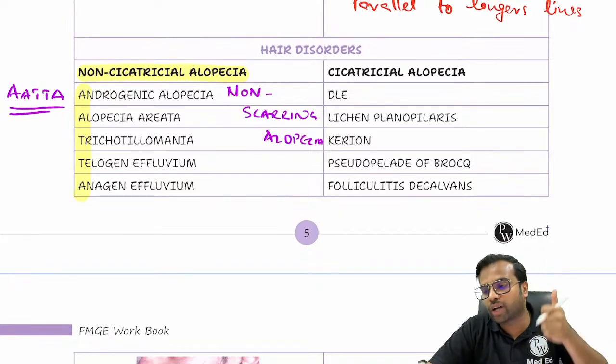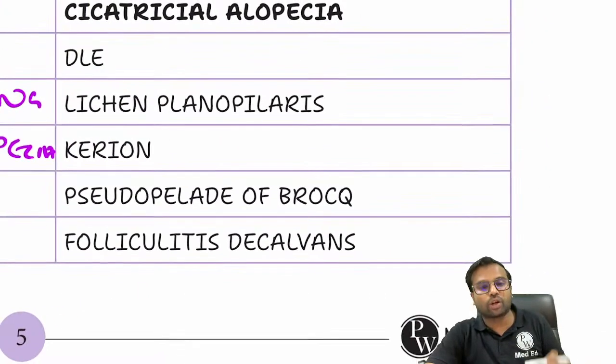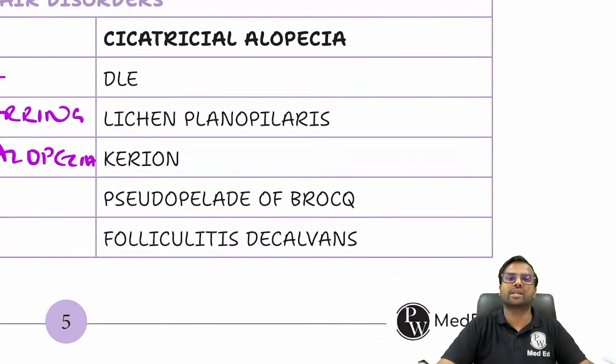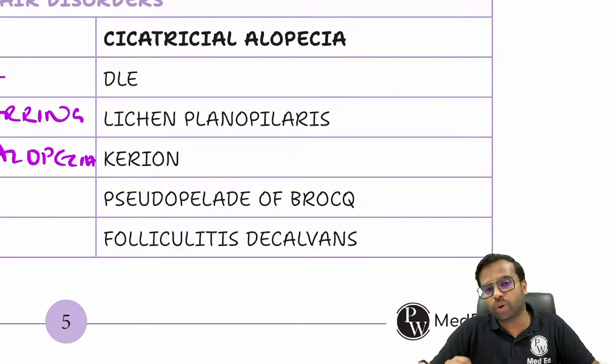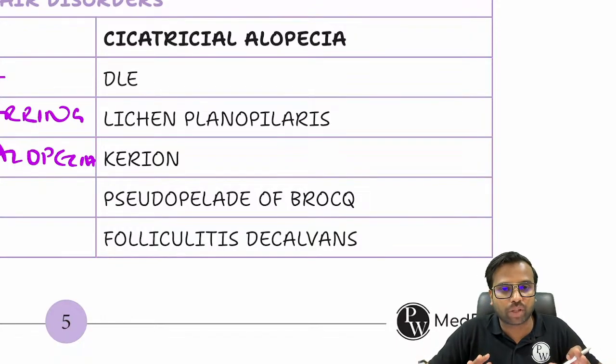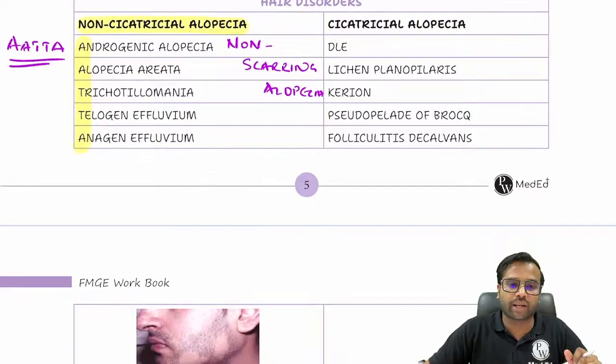All these are non-scarring alopecia. Whereas the examples of scarring alopecia are discoid lupus, lichen planus, also called lichen planopilaris, kerion, which is a fungal infection, pseudopelade of Brocq, and folliculitis decalvans. All these are examples of scarring alopecia.